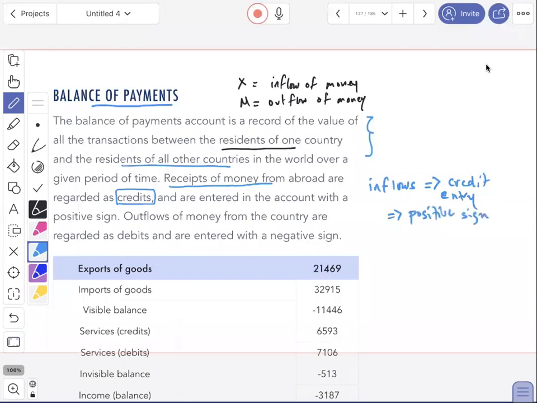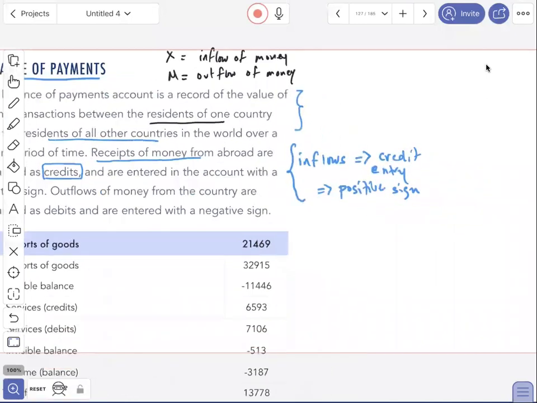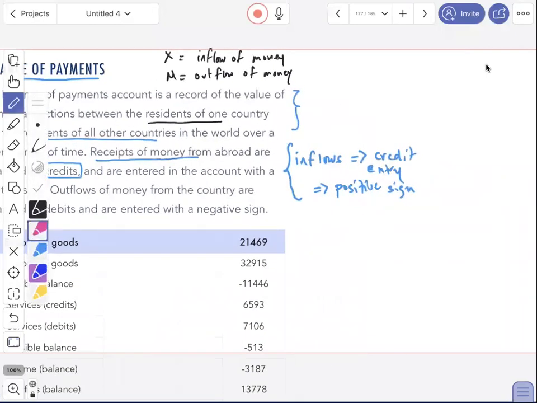So all the inflows that you receive in a country, for example, because you have done some exports, or if somebody is coming to Pakistan for tourism, all of those will result in inflow of money, and that will be recorded with a positive sign or credit entry. Similarly, all the outflows are recorded as a debit entry and are also recorded with a negative sign.